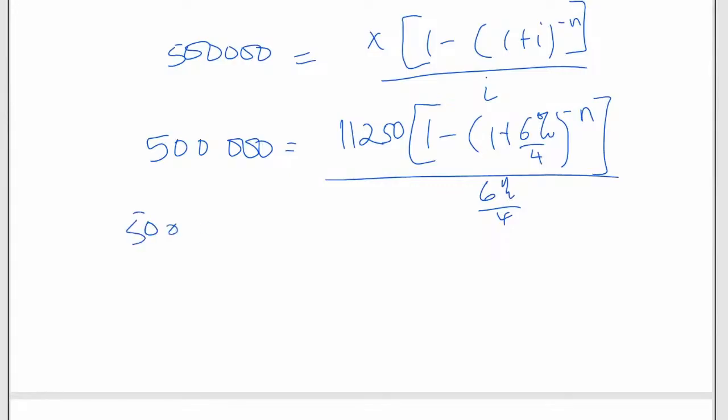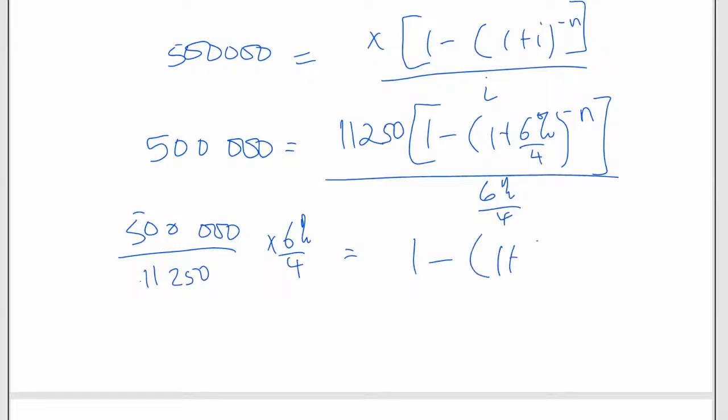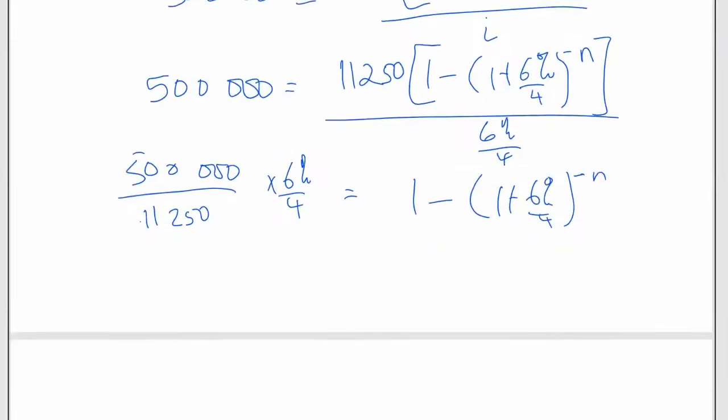So it's going to be 500,000 over 11,250 times 6% over 4 should be equivalent to 1 minus (1 plus 6% over 4) with exponent of negative n. Okay, so on my left, let's see, that's 500,000 times 6% over 4.